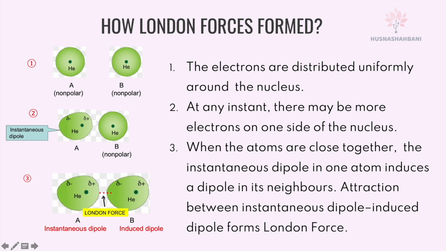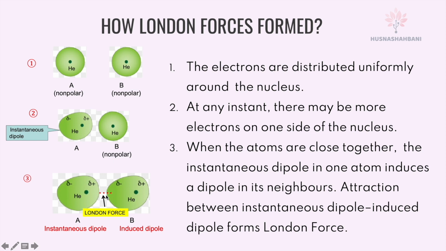So this is London force. When this becomes an induced dipole, its slightly negative charge must be different from the charge on the other atom, because they want to be attracted. So if the right side of this atom is slightly positive, the induced dipole on the left side must be slightly negative for these two to have London force.